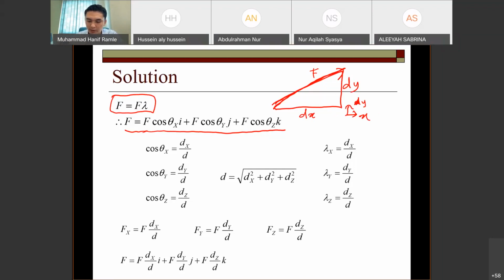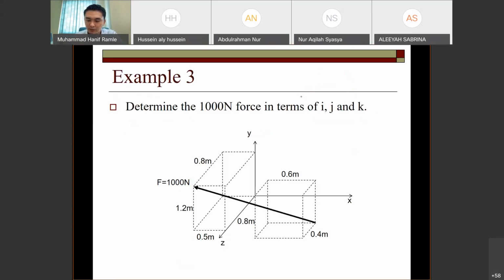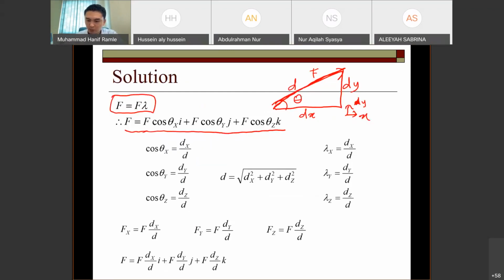So in 2D dimension, you will get this d actually, and this is your theta. Since this belongs to x, we can denote it as theta x.